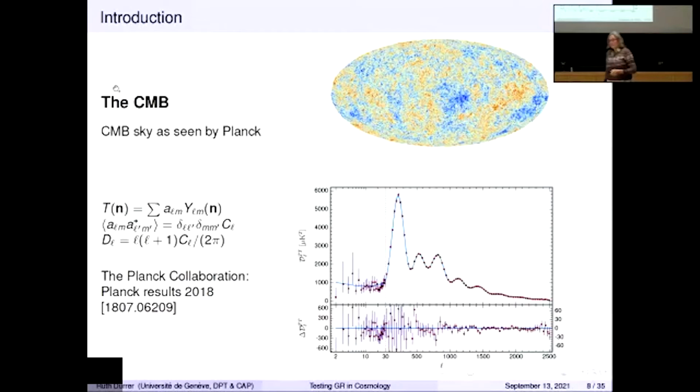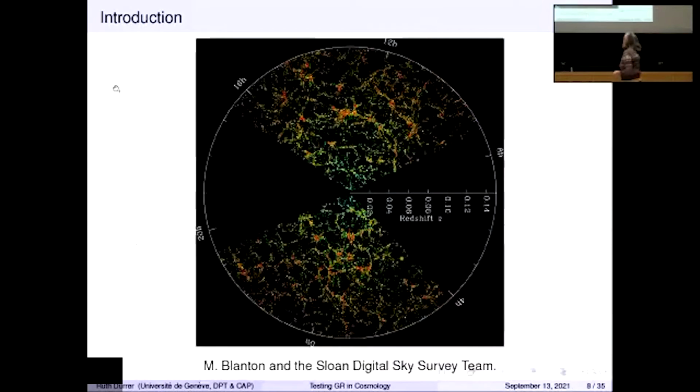Now, we would like to repeat this success story by looking at galaxies. There are several complications because what we typically calculate is the fluctuations of the density field, and galaxies are discrete tracers of this density field.